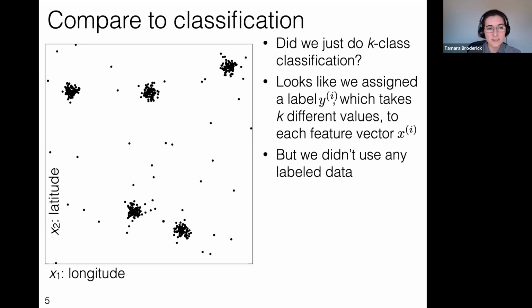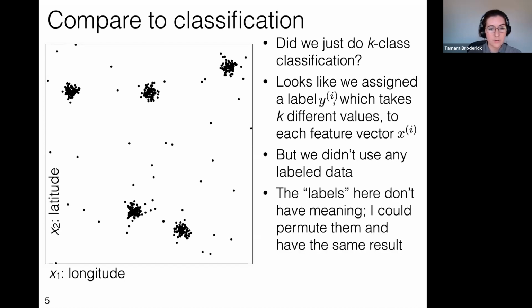And there's a more subtle difference too, which is that the labels here don't have meaning. If I were doing classification, say I'm trying to decide whether I should run outside, and I run when it's really warm, and I don't run when it's really cold. If you told me to run when it's really cold and not run when it's really warm, I would have a bad time. My life would be really annoying.